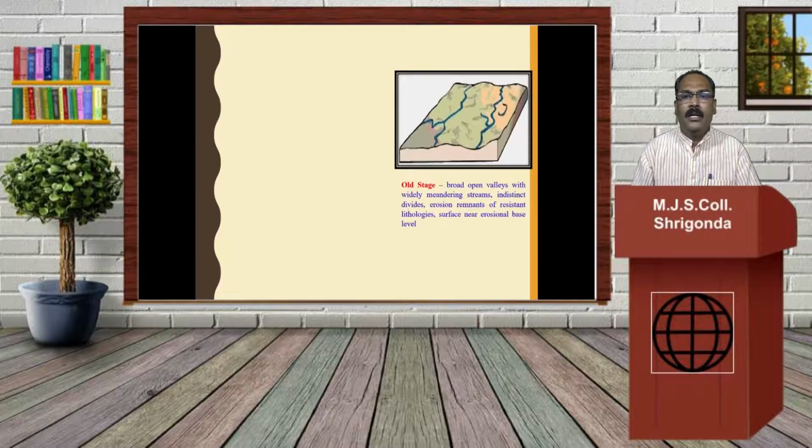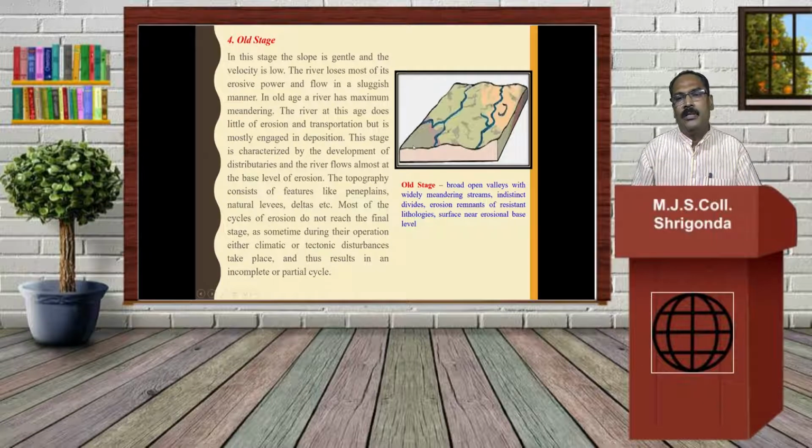Then the last stage, the old stage: a broad open valley with a widely meandering stream, with zigzag meanders. In this stage Davis says erosion remains on resistant lithologic surfaces near the erosional base level.